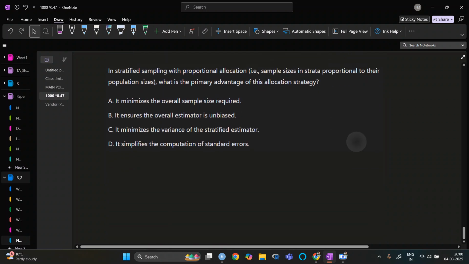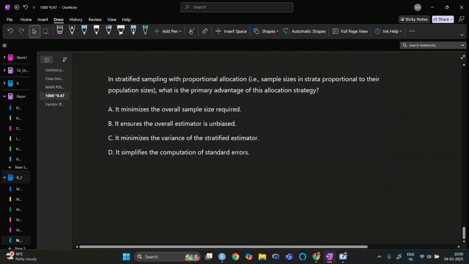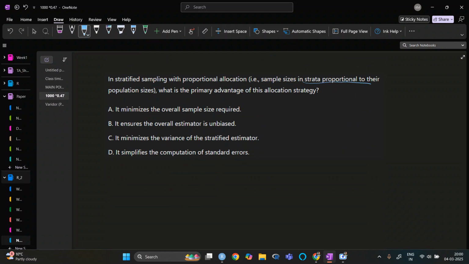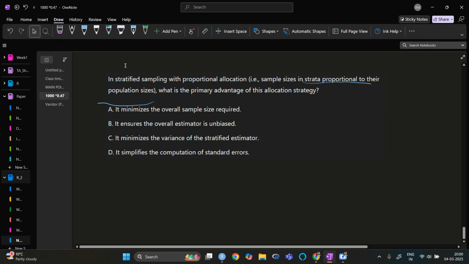In the last question, given that in stratified sampling with proportional allocation, that means the sample size in strata is proportional to their population size, what is the primary advantage of this allocation?